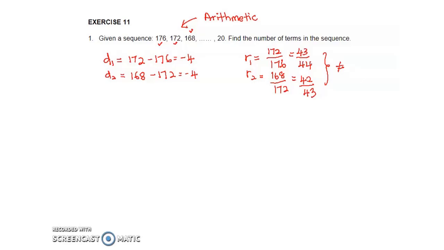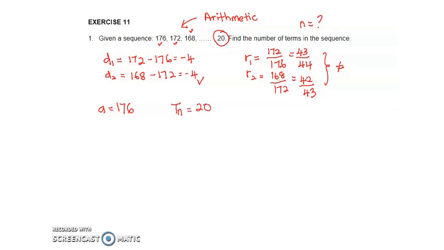Now we want to find the number of terms, meaning n equals what? Extract the information given. From the given sequence, A equals 176, D equals -4. And here we know that 20 is the last term, but n is unknown. So in general, we put Tn equal to 20.